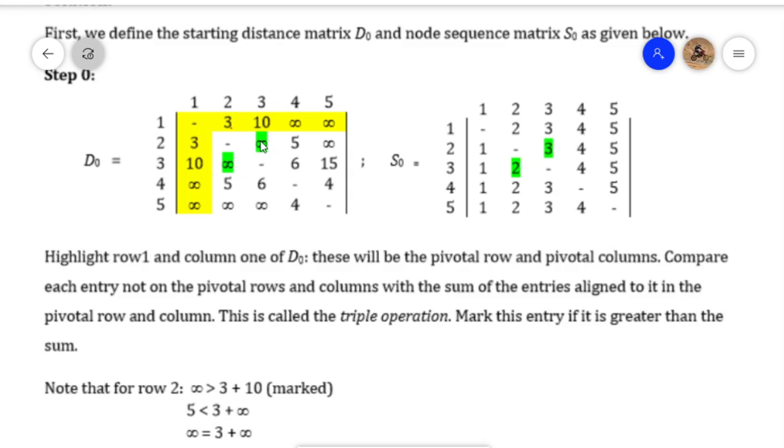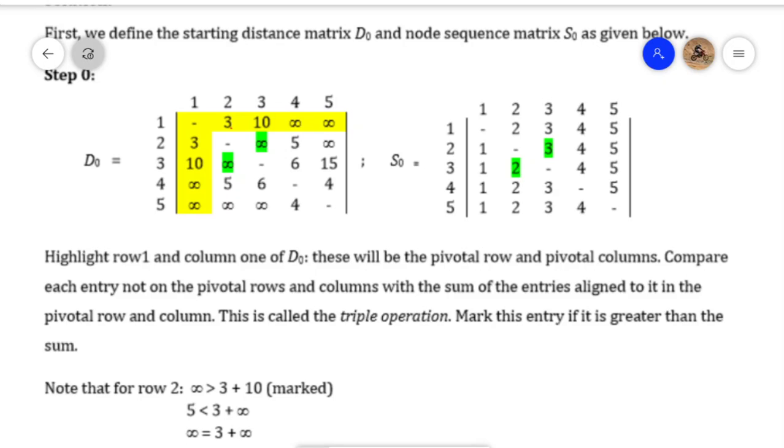Meaning for this entry, we look at the entry on the pivotal row in the same column as this entry, which is 10, and the entry in the pivotal column in the same row as this entry, which is 3.